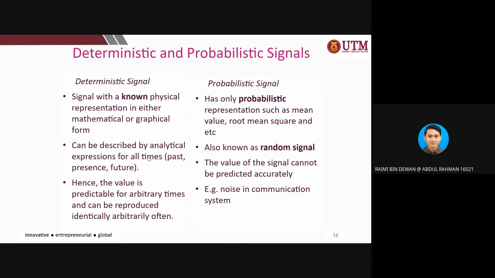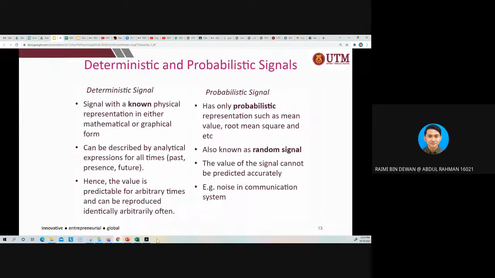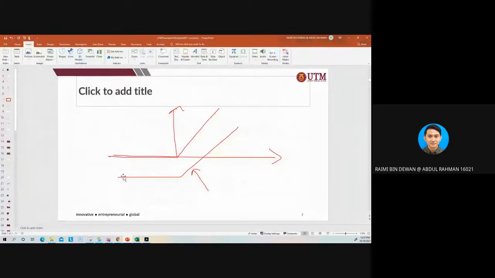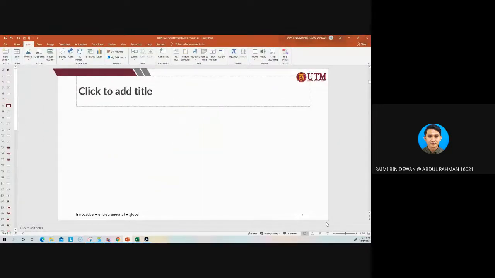Means you can describe this by an analytical expression for all time because we can know based on the past event, present event, and future event. This is just a concept, just to make you understand what it means that we can know the past, present, future.